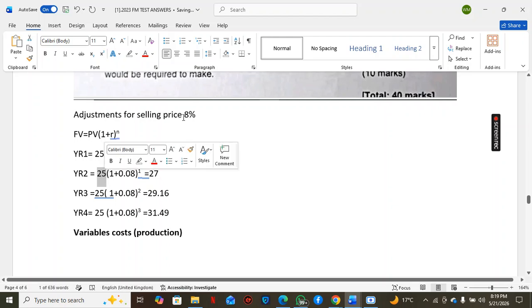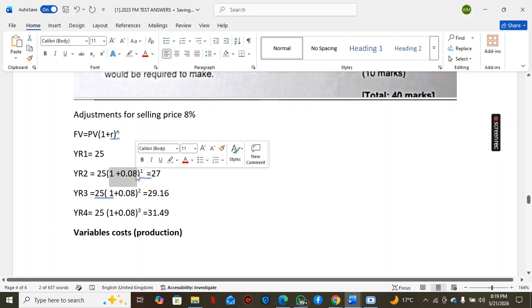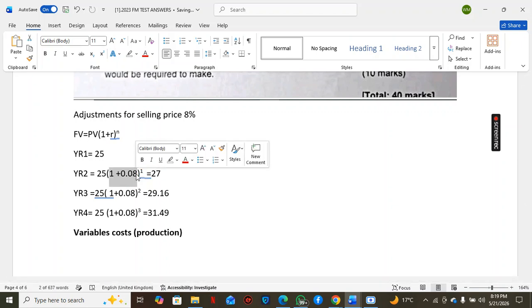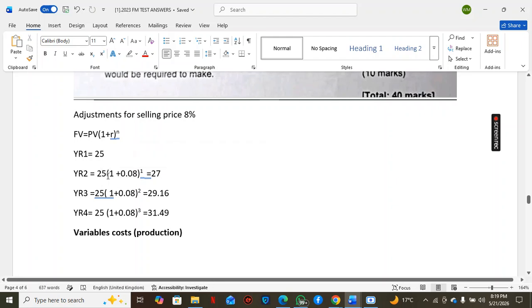Colleagues, you can do 8% of 25 kwacha, then add that value to 25, or you can just do it like this: 25 kwacha multiplied by 1.08. This 1.08 is just representing an 8% increment. So 25 times 1.08, you're going to get 27 kwacha.